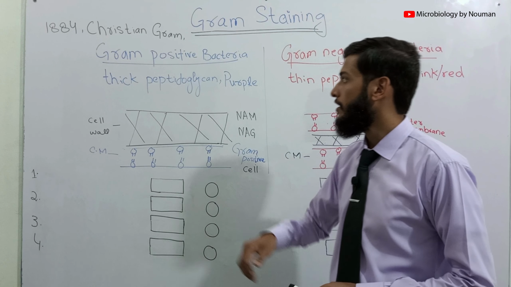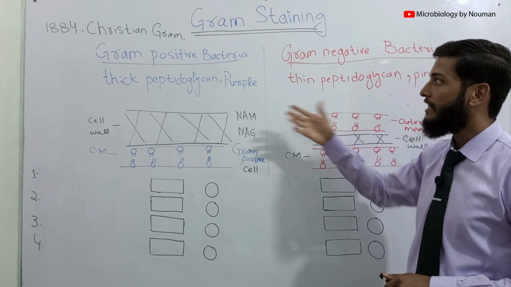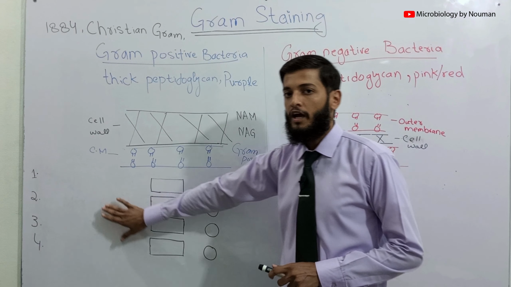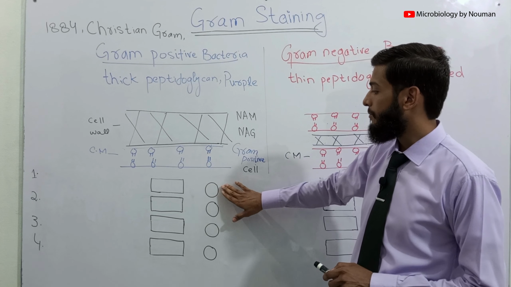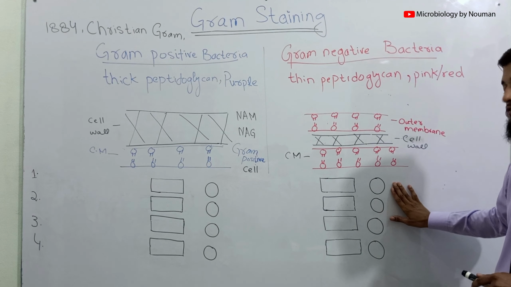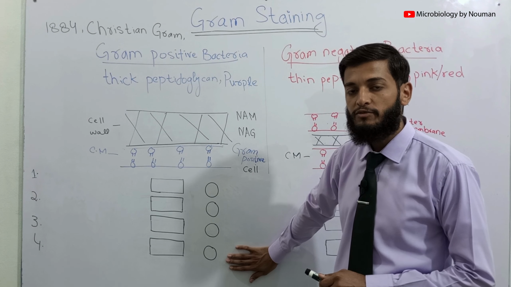Now we are looking for how gram positive bacteria and gram negative bacteria are stained during this gram staining procedure. There are 4 steps, and we are looking for how gram positive rod and gram positive cocci and gram negative rod and gram negative cocci change color during these 4 steps of gram staining.